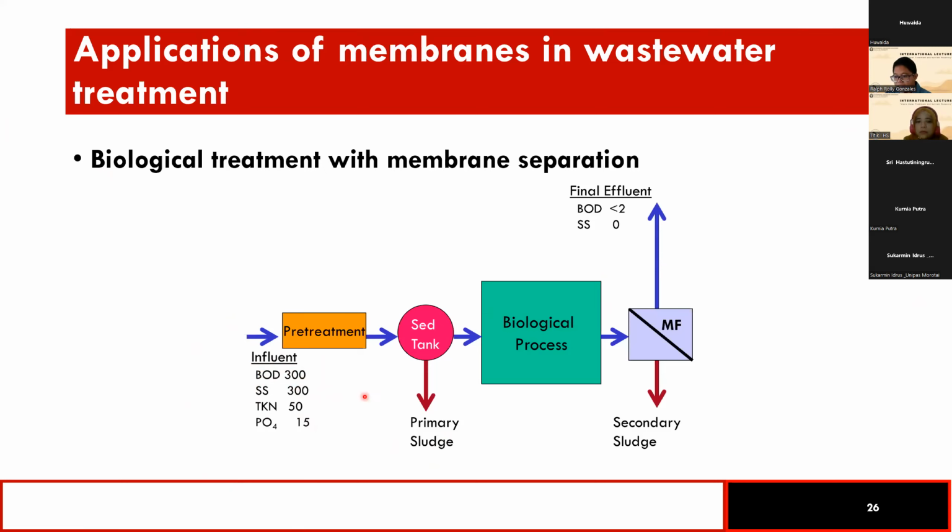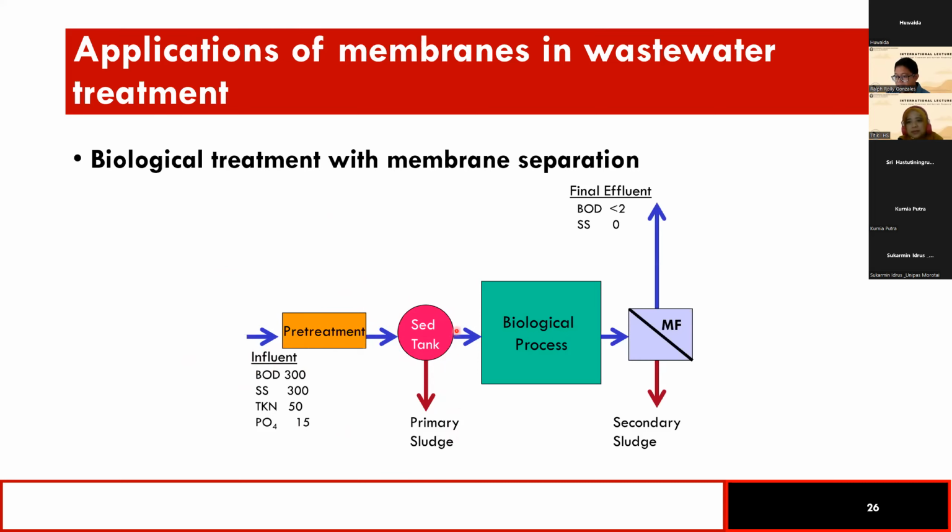This wastewater goes through pretreatment. What could be the pretreatment? This is just the removal of the larger size plastics, larger size of the food waste, etc. Next, it goes to the sedimentation tank, which will produce primary sludge.